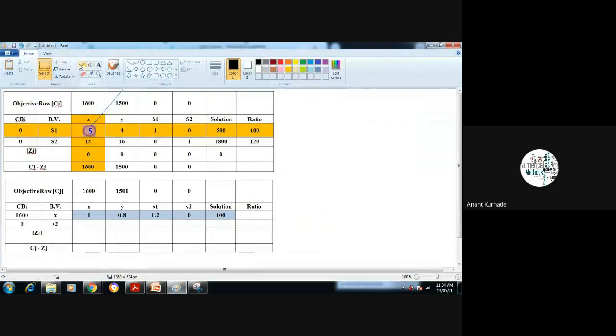R2 is equal to R2 minus 15 R1. Okay, what is this formula? Why have I written R2 here? Because we are finding the new values for row number 2.